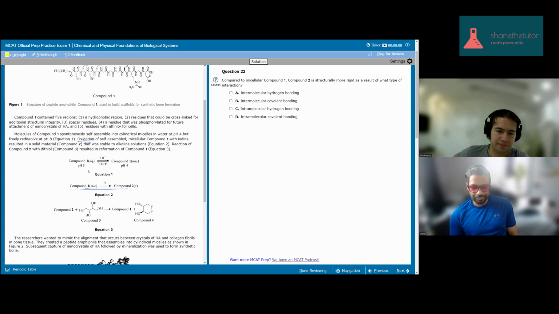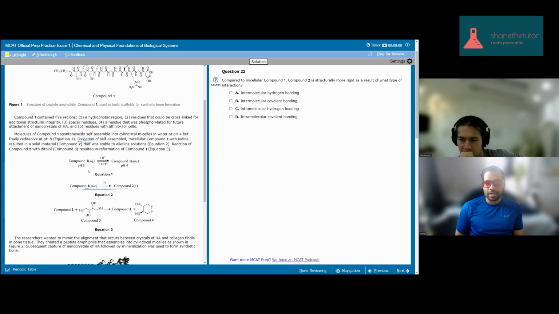So it's got to be disulfide bonds, which are covalent, so it's intermolecular covalent bonding, right? That's the part where it gets tricky, because pretty much every time you see a covalent bond, it's intramolecular, within the molecule itself. Typically a bond we draw as a straight line is covalent, while hydrogen bonding and other intermolecular forces we usually draw as a dotted line.